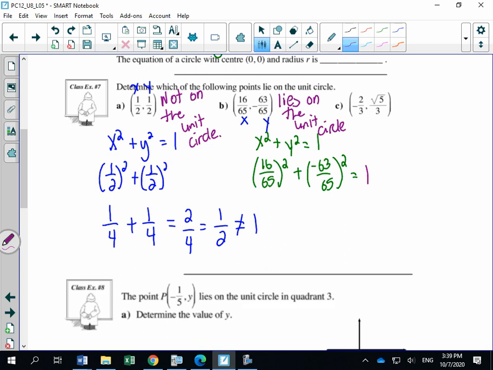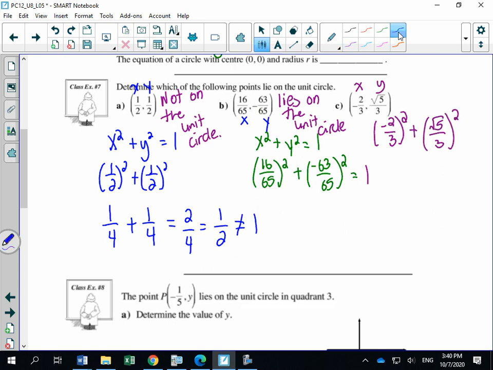Okay, the last one. Here's my x, here's my y. Let's take that x coordinate, negative 2 over 3, and square it. Let's take that y coordinate, negative root 5 over 3, and square it.